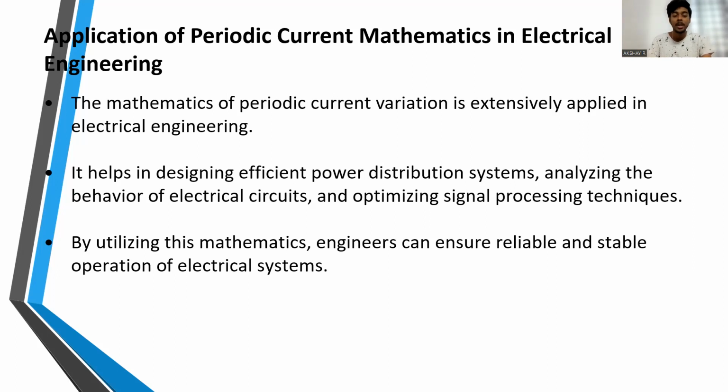It helps in designing efficient power distribution systems, analyzing the behavior of electrical circuits, and optimizing signal processing techniques. One of the important points: by utilizing this mathematics, engineers can ensure reliable and stable operation of electrical systems. Everyone would think engineers only do coding.